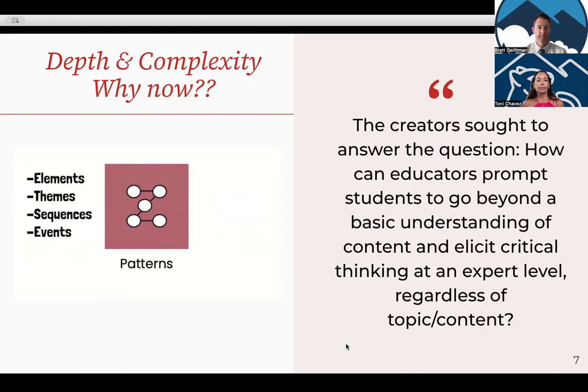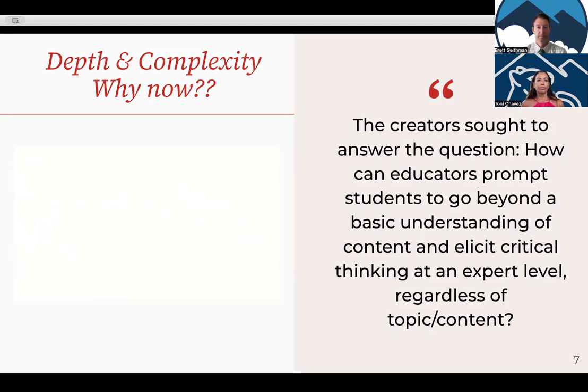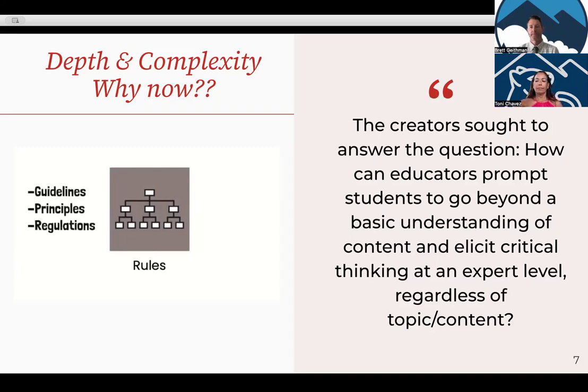Example, noticing the pattern of economic cycles, such as booms and busts in economic history. Rules, meaning focuses on the guidelines, principles, and regulations that govern a topic. Example, understanding the rules of grammar and language arts or the laws of motion in physics.